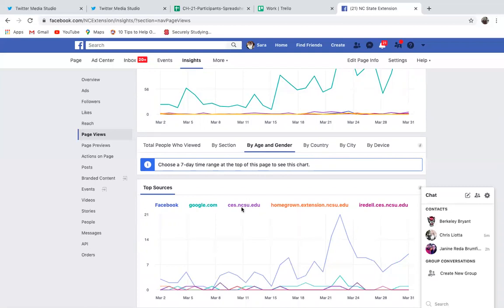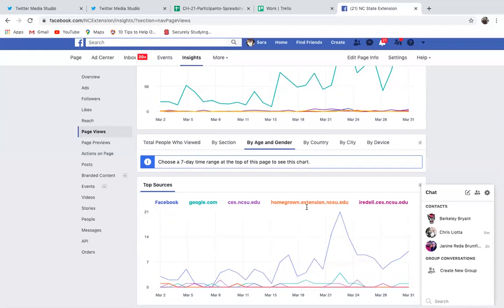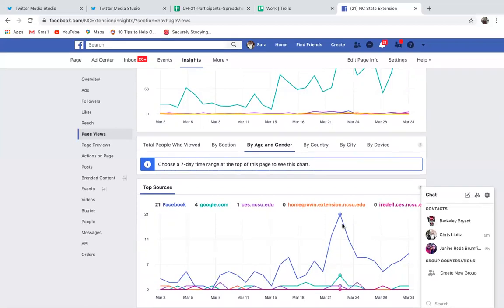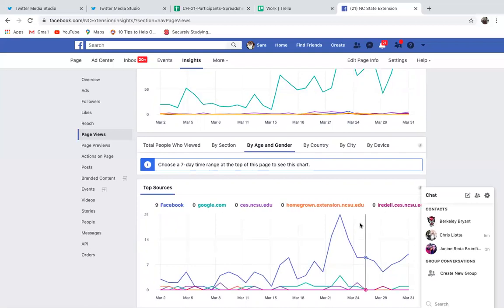Some are coming from Extension's main website, some are coming from Homegrown's website, and some are coming from Iredell County. So that's very interesting to look at. So I'd be curious as to what Iredell is posting to send people to NC State Extension's Facebook page.